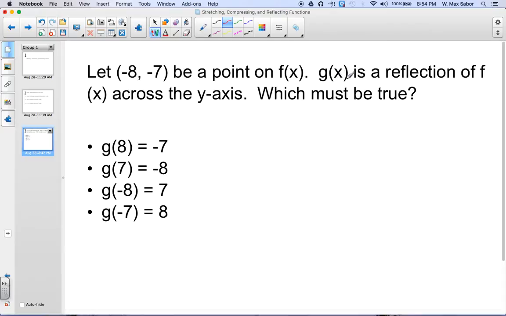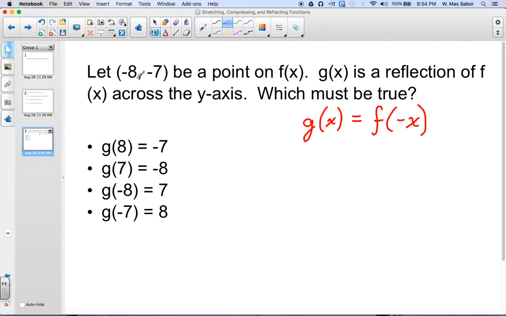But another way you can say this is, well, our reflection across the y-axis is changing the x-coordinates. It's saying that g of x is equal to f of negative x. When we put the negative sign inside, that's reflecting over the y-axis.